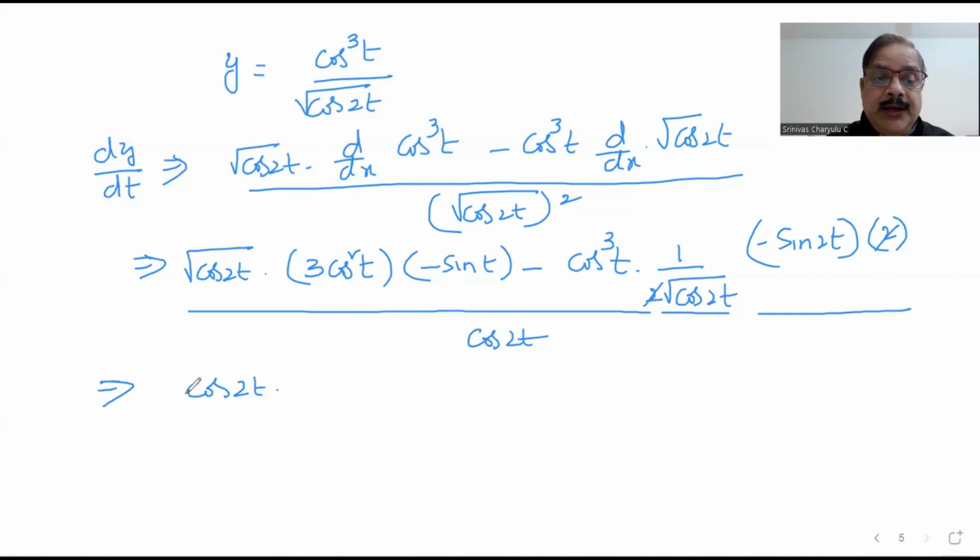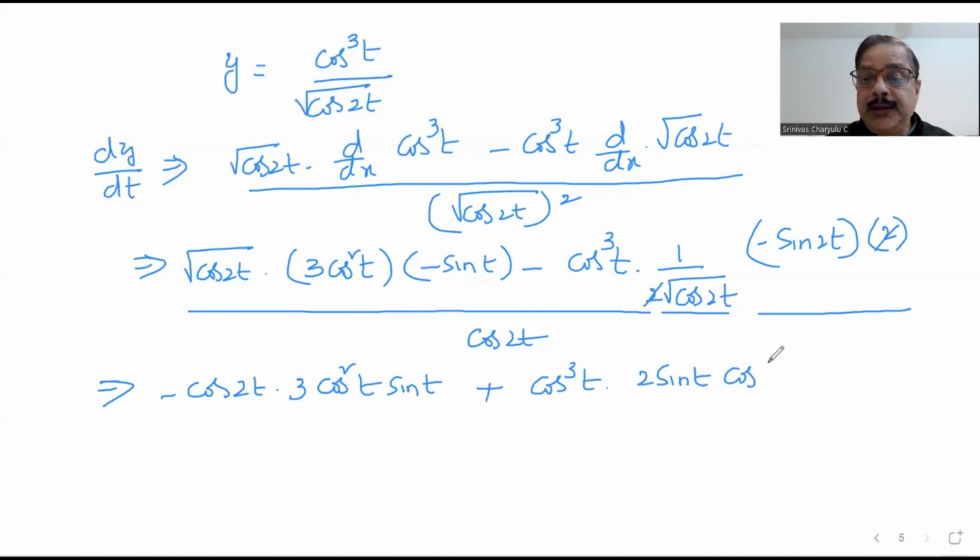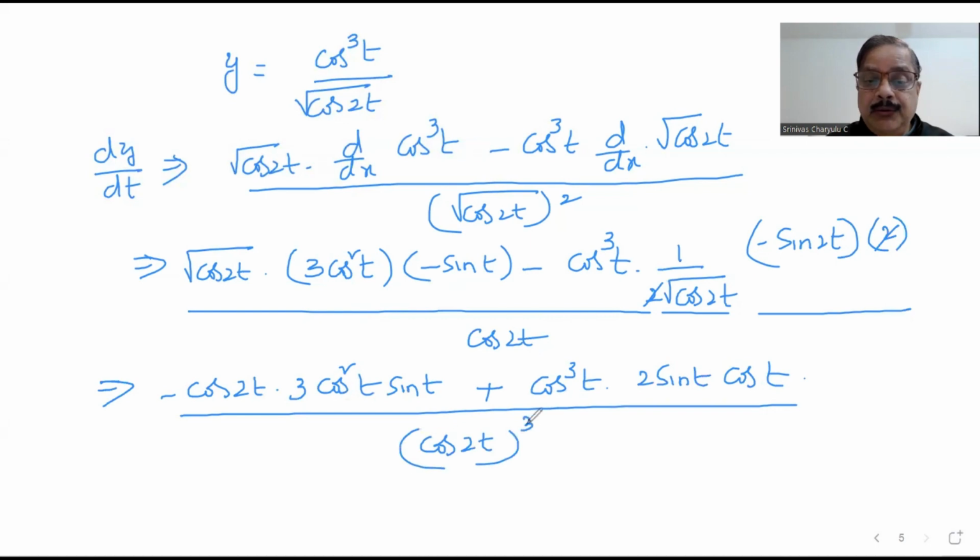This minus you write in the beginning. 3 cos square t sin t, minus into minus plus cos cube t sin 2t, which will become 2 sin t cos t. Whole thing divided by this, root cos t will come in the denominator. So that will become totally cos 2t whole to the power of 3 by 2.